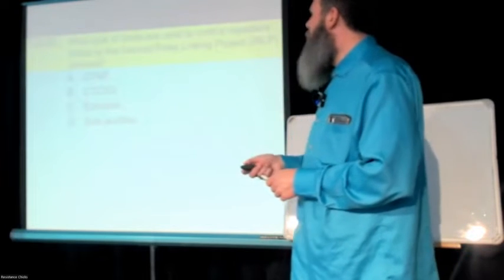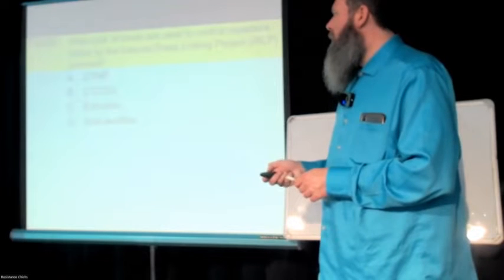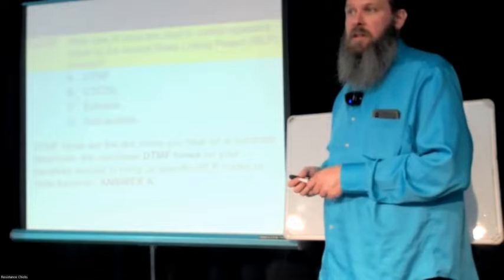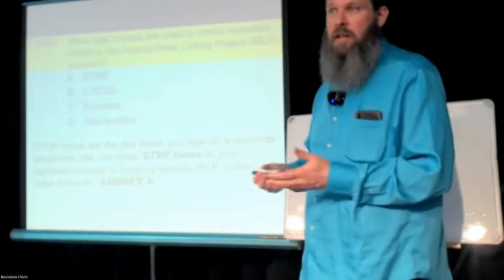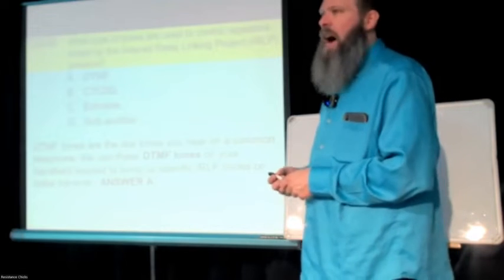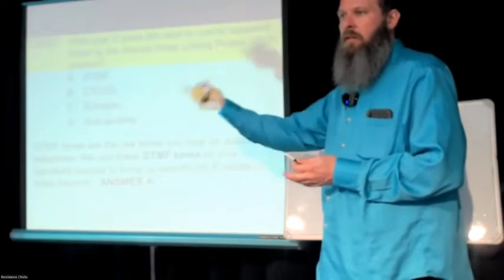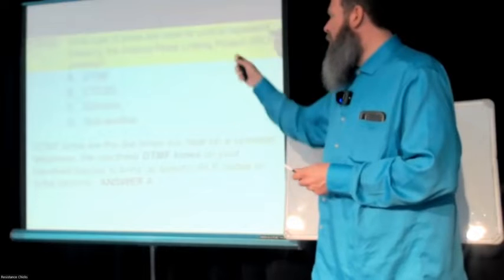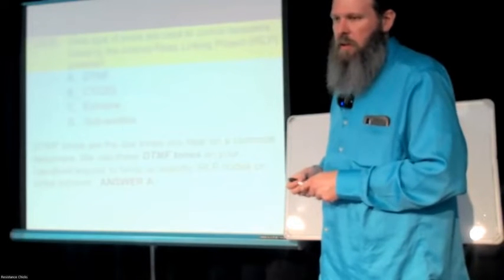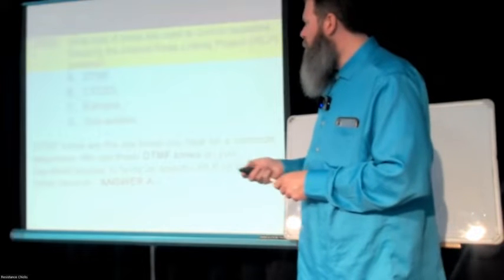For using IRLP, this is the DTMF. DTMF are also known as the touch tones, the same tones that are on a telephone and on the front of your radio. So if you were dialing in a phone number, you're dialing in a remote repeater using IRLP, you would use the DTMF tones on the keypad on the front of your radio.